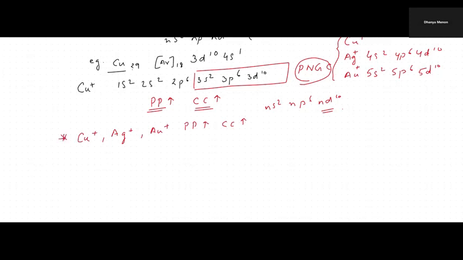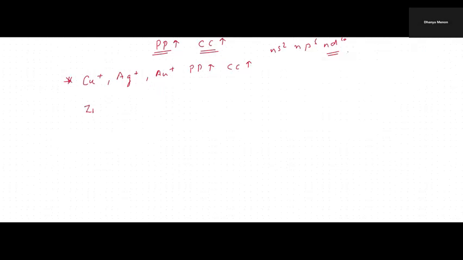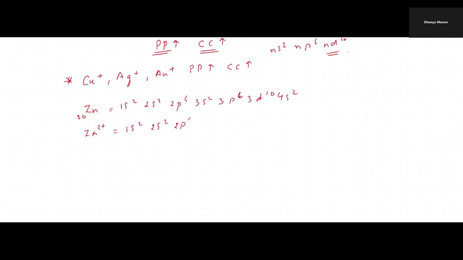Then I have another example, zinc. Zinc, the atomic number is 30. So I have 1s2, 2s2, 2p6, 3s2, 3p6, 3d10, 4s2. Now, if zinc is losing 2 electrons, zinc ion, from where are the electrons lost? The electrons are lost from 4s2.